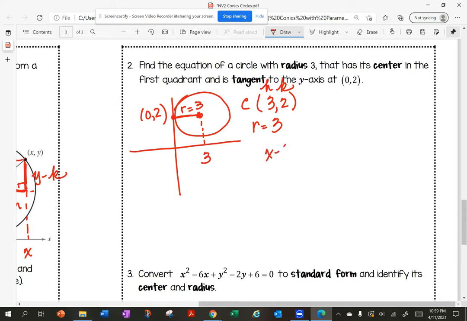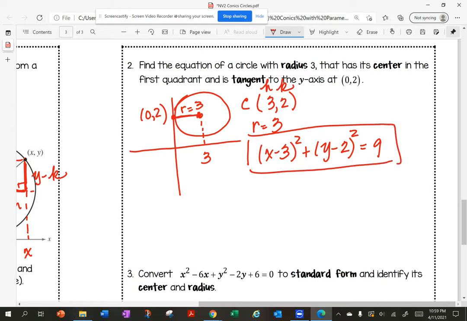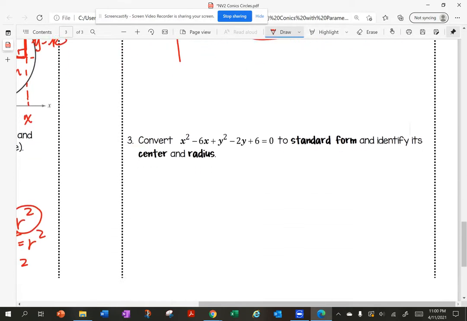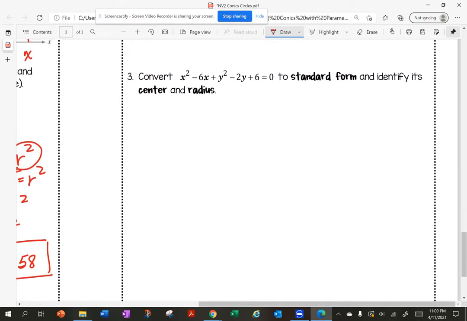So I have (x minus 3) squared plus (y minus k, which is 2) squared, equals my radius squared. So 3 squared is 9. Okay, so this is geometry. So let's move into some more algebra 2 related information.